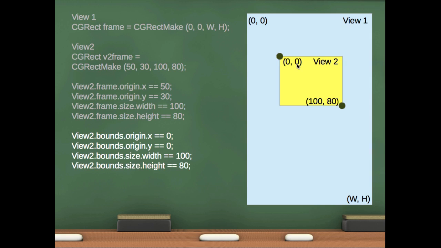So again, we specify where View2 is and how big it is by using its frame. We specify drawing coordinates within View2. If View2 is going to be used to draw, we specify those coordinates by using View2's bounds. I hope that's clear. So I think it should be at this point.